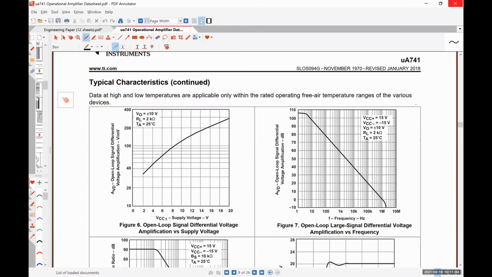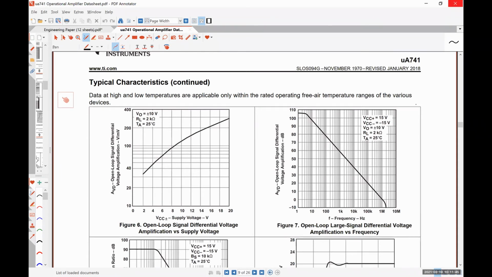At near DC, we have a large signal open loop voltage gain, A naught, as we've been calling it in this class, of about 107 dB, which corresponds, let's see, if a gain of 10 is 20 dB and a gain of 100 is 40, then 1,000, 10,000, 100,000, a little bit more than 100,000.